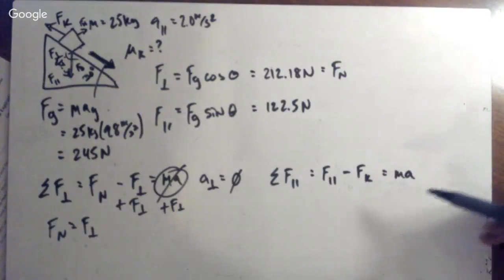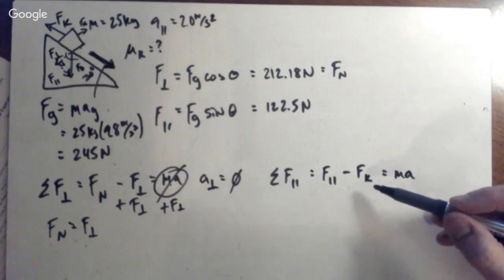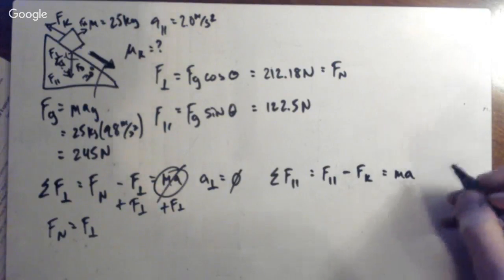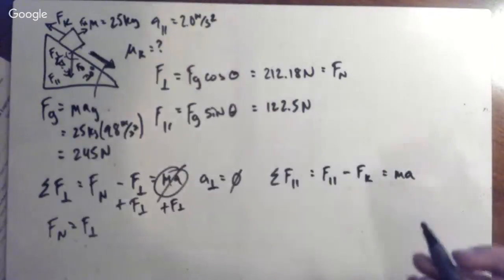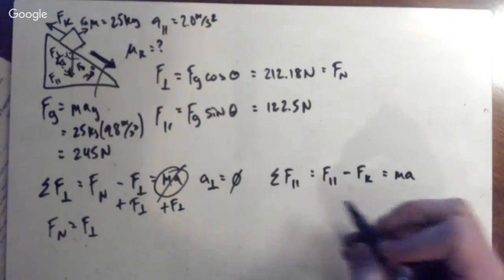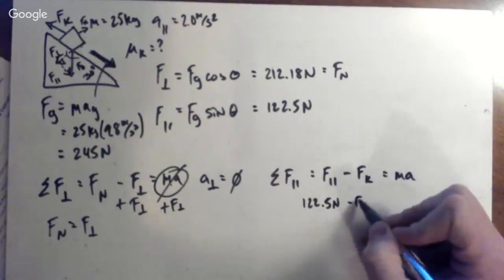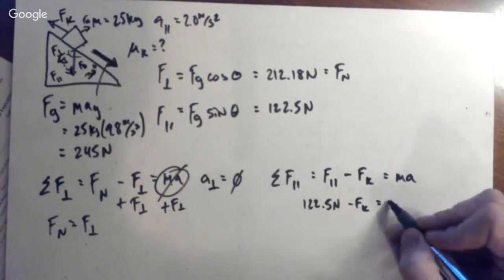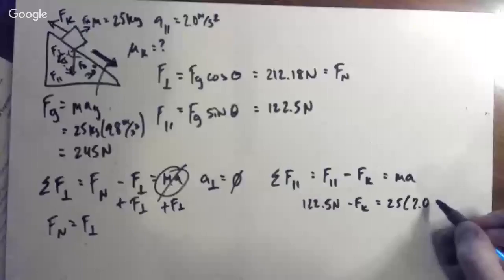We know our acceleration and our mass, which means we can solve for Fk. Our acceleration, which we already set up, is 2 meters per second squared. Our mass is 25, and we know our parallel force. So 122.5 newtons minus whatever Fk turns out to be equals 25 times 2.